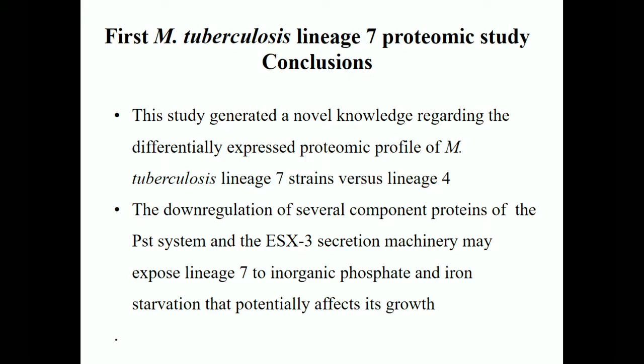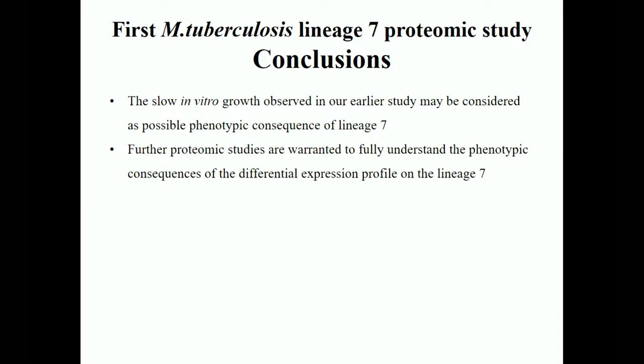In conclusion, this study generated novel knowledge regarding the differentially expressed proteomic profile of MTB lineage 7 versus lineage 4, and the downregulation of several component proteins of the E6-3 secretion system and the PST system may lead to inorganic phosphate depletion and iron starvation in lineage 7, and that may lead to slow growth in lineage 7.